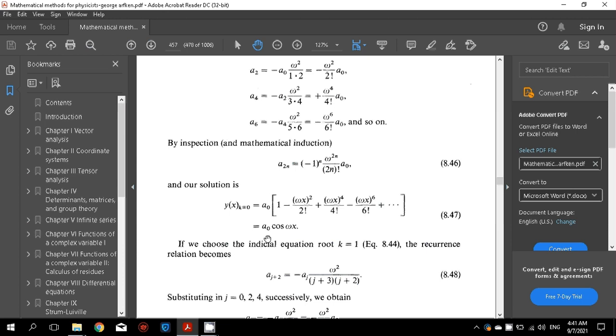And so we have obtained the solution using the Frobenius series method of the differential equation representing the harmonic oscillator, and you already know that this harmonic oscillator equation has the solution as sine omega x and cos omega x. So we have obtained the same solution, which shows the authenticity of this technique, the Frobenius series technique.